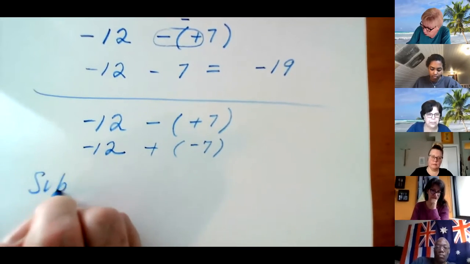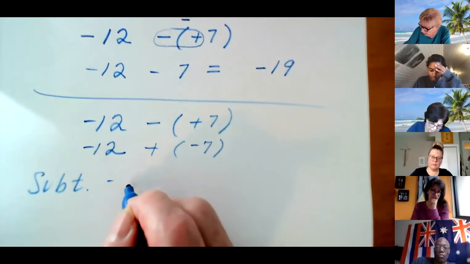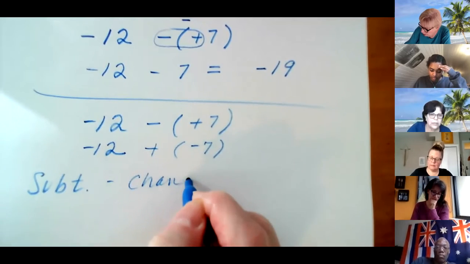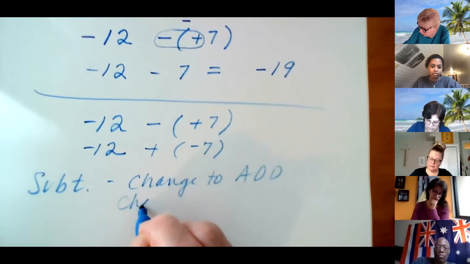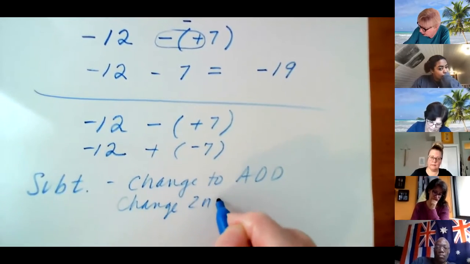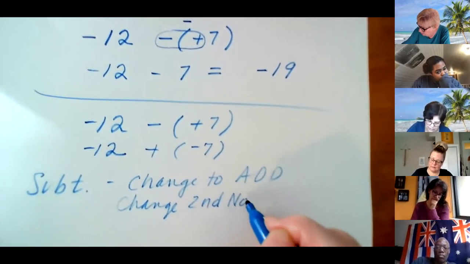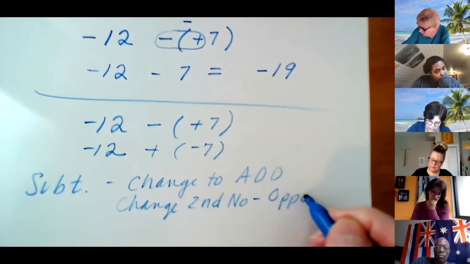So this is the rule: subtract, change to add, and change the second number to its opposite sign.